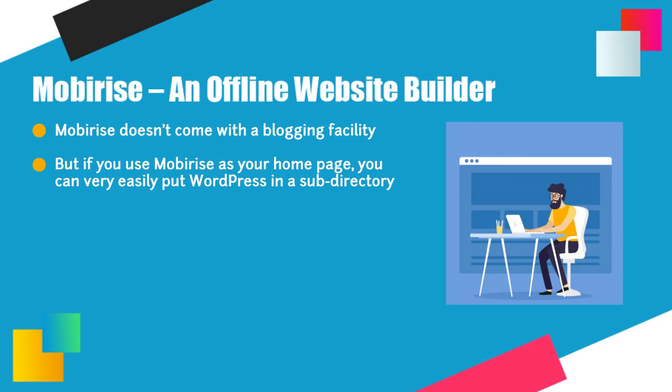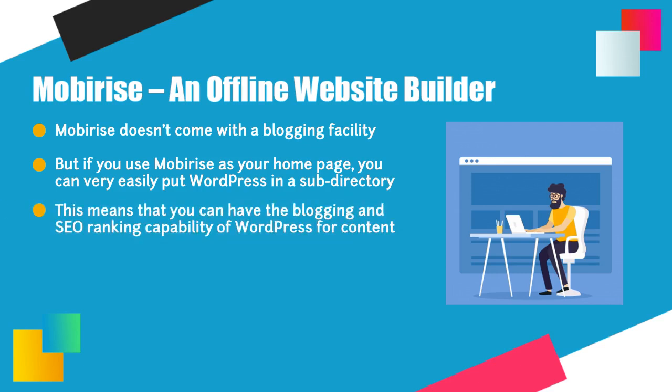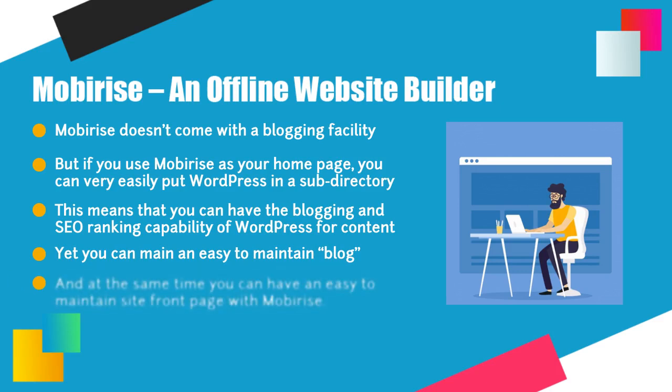So in other words, you can have the blogging and the SEO ranking capability of WordPress for content, and at the same time you can maintain your front page with Mobirise. So you can maintain your business pages with Mobirise, and you can blog with WordPress.